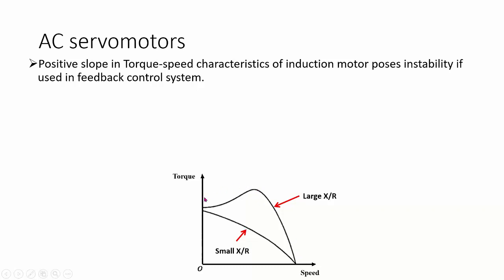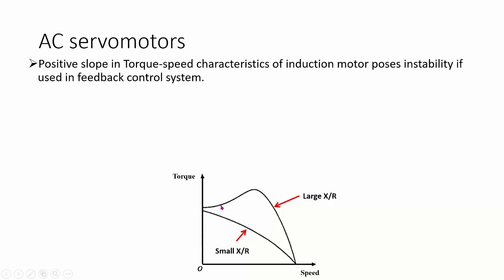This positive slope is something which should always be avoided in control theory, because in control systems, positive slopes always lead to instability of the system. So this is what is written: positive slope in the torque speed characteristics of an induction motor poses instability if used in a feedback control system.